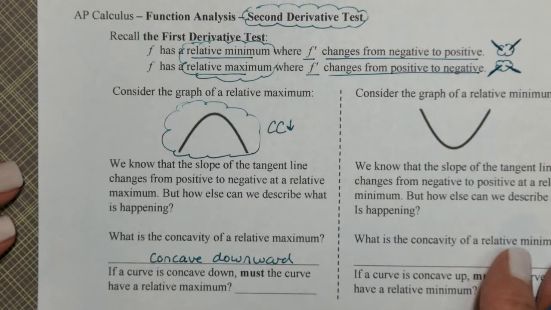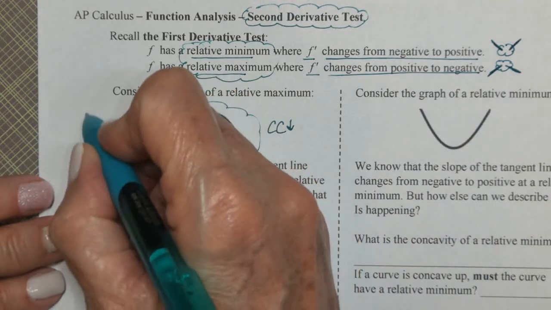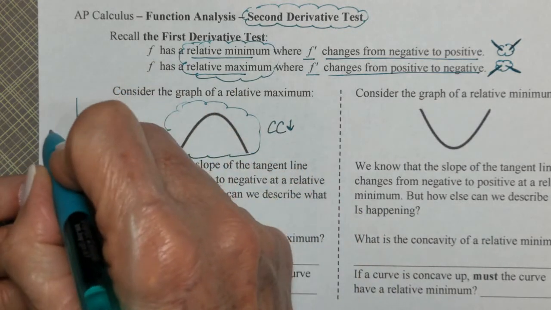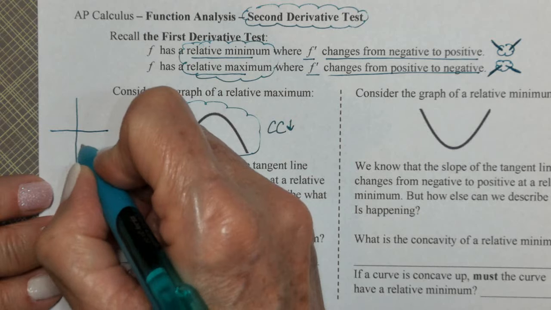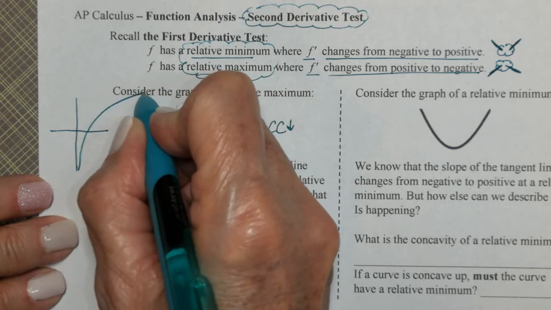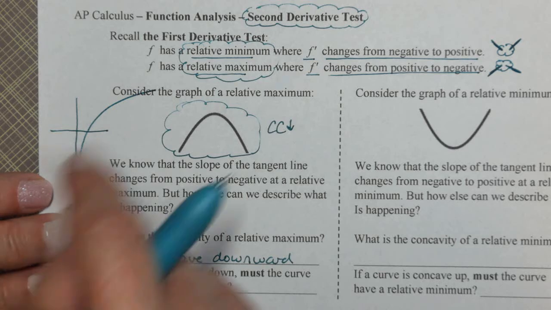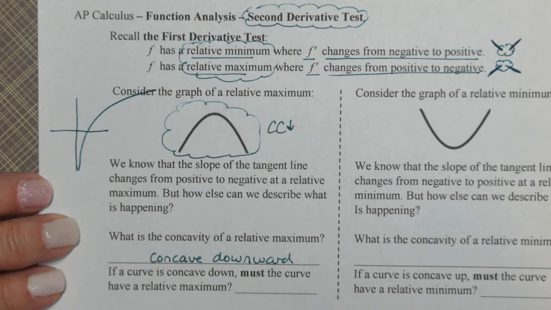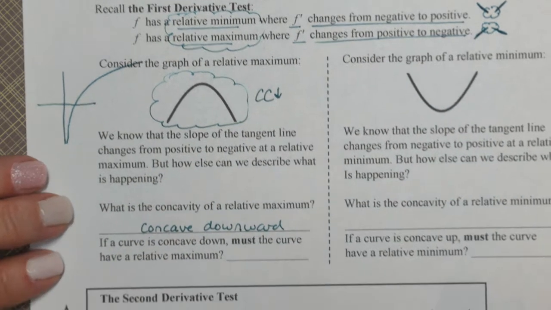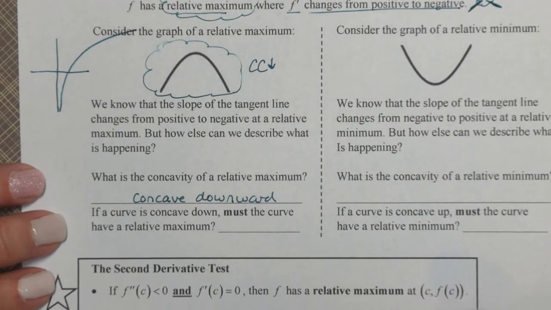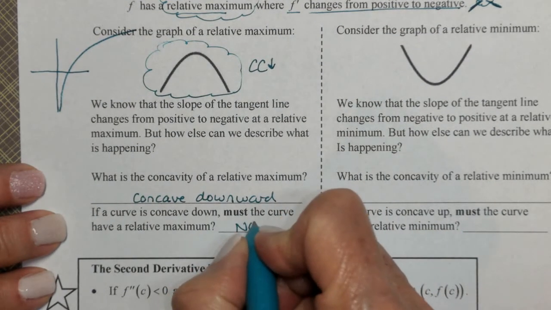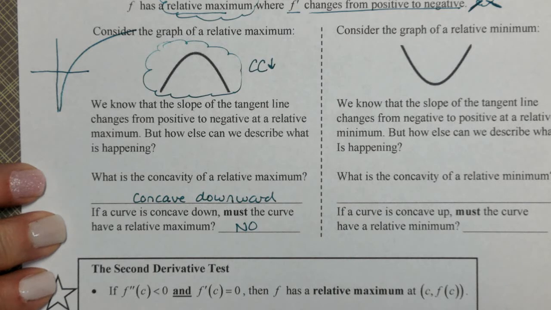But I could draw a concave down curve like the graph of natural log of x. It is concave down forever. Does it have a relative max? No. Just because a curve is concave down does not mean we have a relative max.